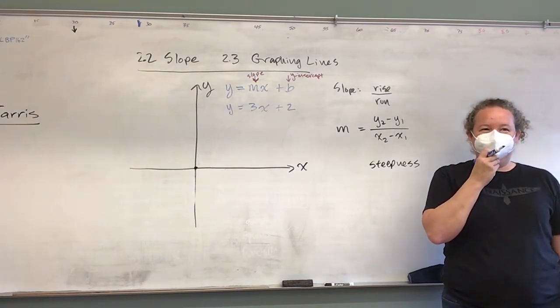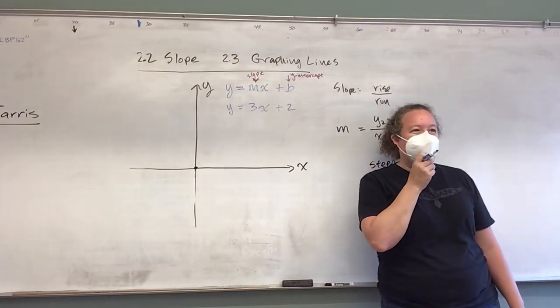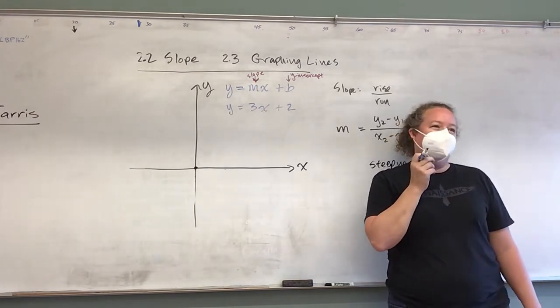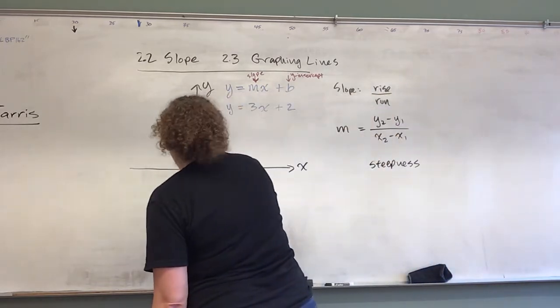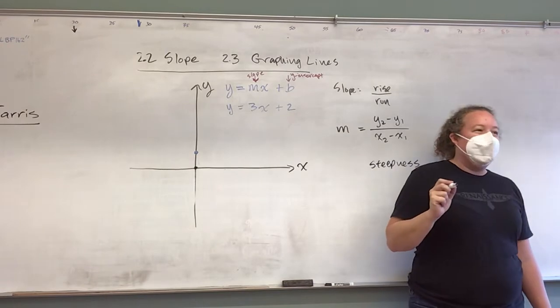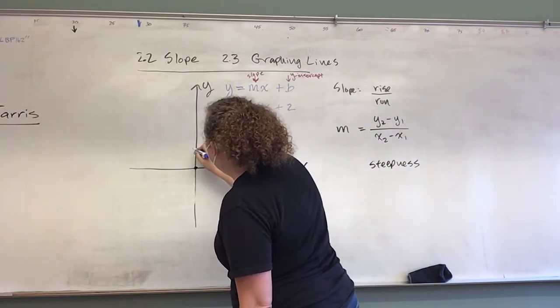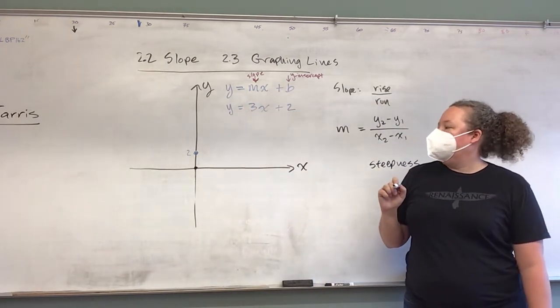Start at the y-intercept, 2, and put a little point there. Yes, all right. I've got Cece and Geo in chorus saying the easiest place to start is at the y-intercept, at this 2. And that is correct.